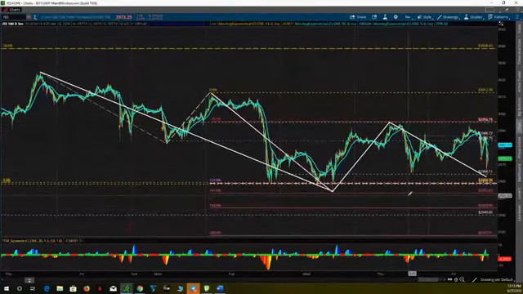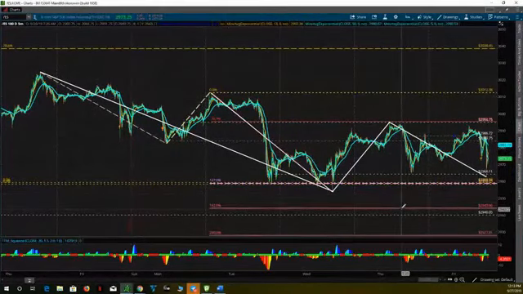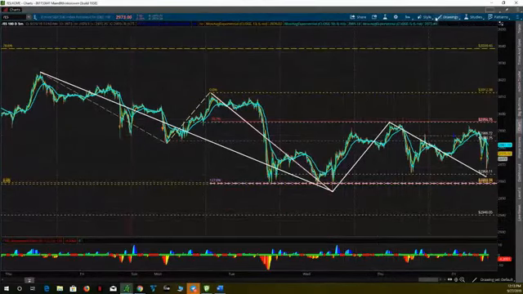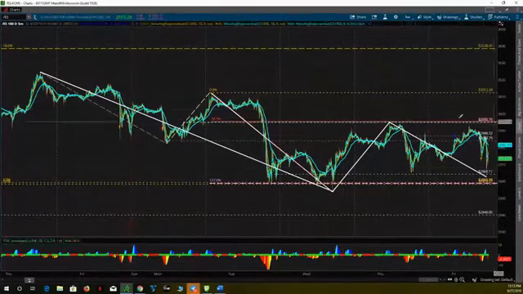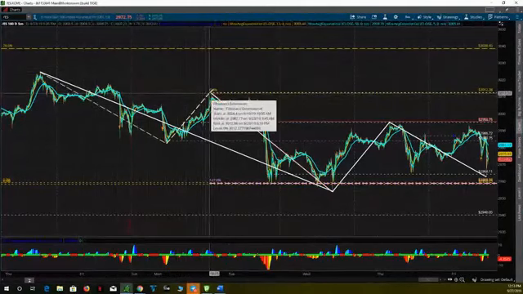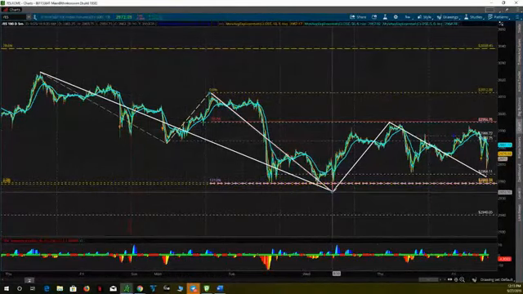Remove these lines right here. I don't want to confuse anybody. So if I'm looking at this, I'm going to take two different methods of looking at above and below. I'm going to take this big one and this smaller one. I'm going to do the small one right now. I'm going to draw my Fibonacci extension line from here to here.